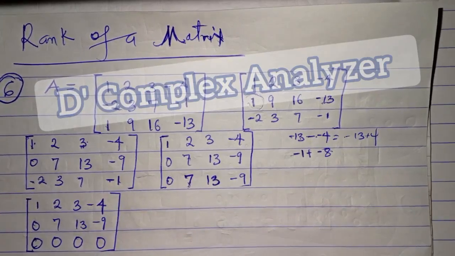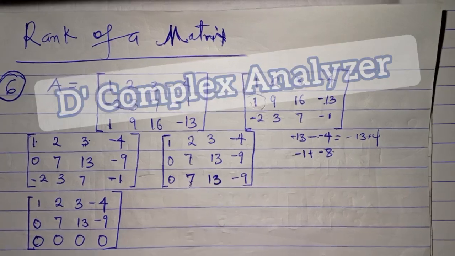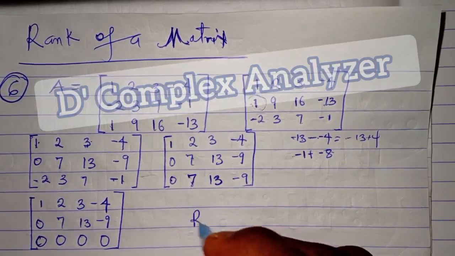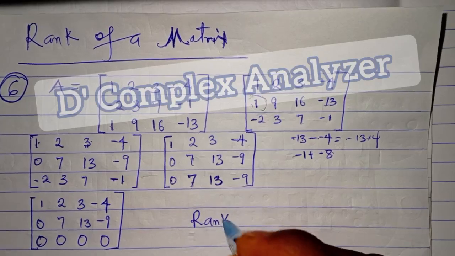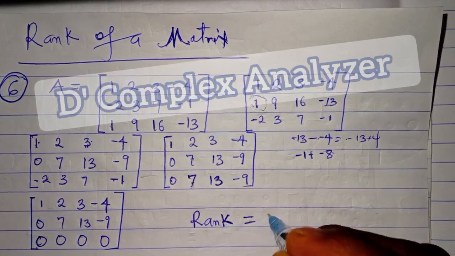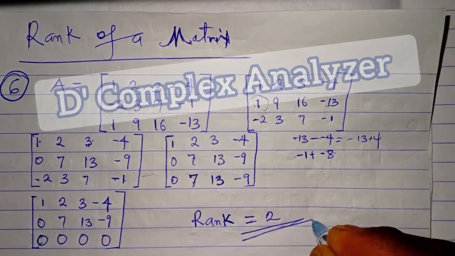So what do you observe? One of the rows is 0. Only two rows are non-zero. That tells us that the rank of the matrix, which is the maximum number of rows that are non-zero, is equal to 2 for this particular matrix.